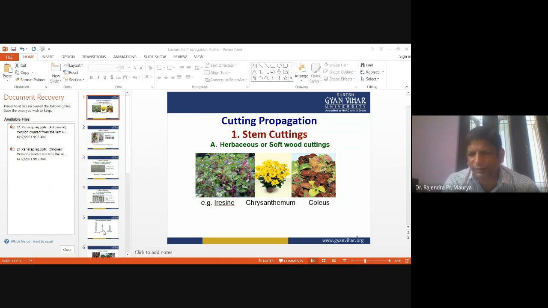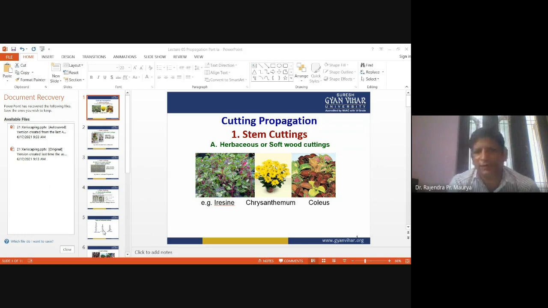Or in case of the heel cutting, on a primary branch, if we are getting the hardwood cutting from a secondary branch, then it will contain some flap. That type of cutting is known as a heel cutting.